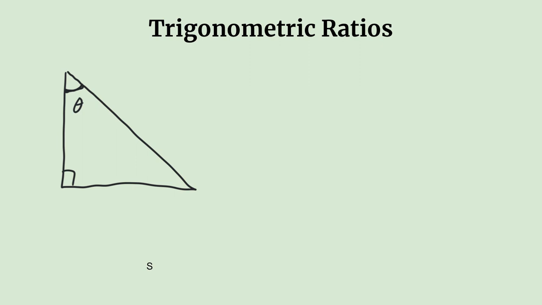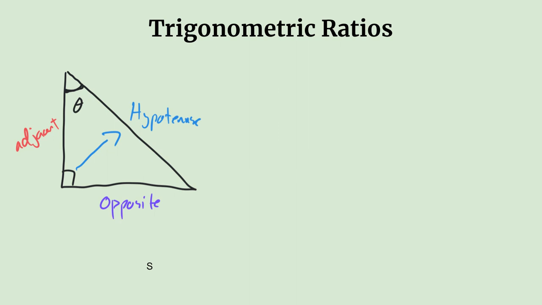So if this is theta, then we've got 3 different sides that we can label. The side that's opposite the right angle is always the hypotenuse. The side that touches the angle is called the adjacent. And then the side that doesn't touch the angle is the opposite.